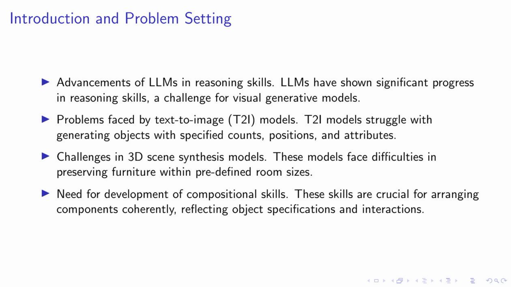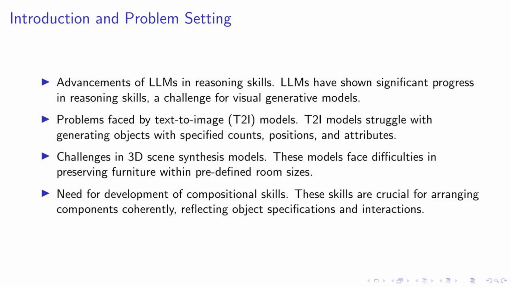Large language models, or LLMs, have made significant strides in reasoning skills, a domain that has proven challenging for visual generative models. However, when it comes to text-to-image models, we encounter some roadblocks. These models often struggle to generate objects with specific counts, positions, and attributes. Similarly, 3D scene synthesis models face their own set of challenges.